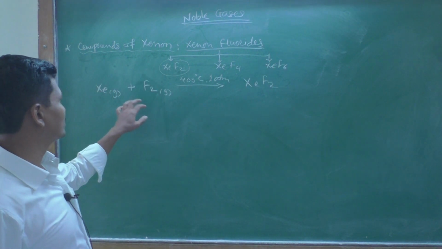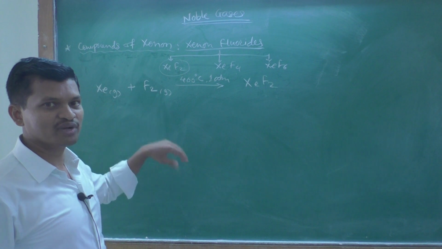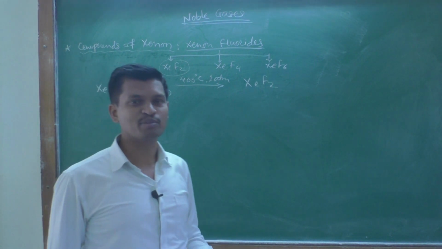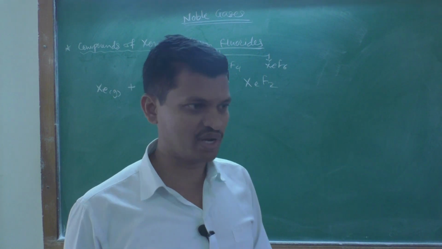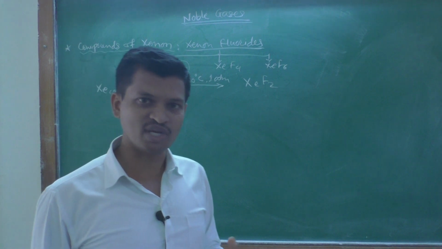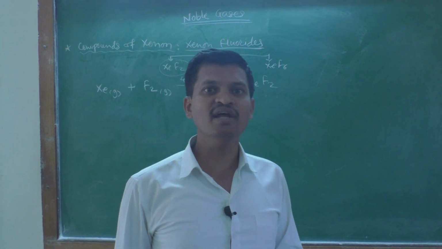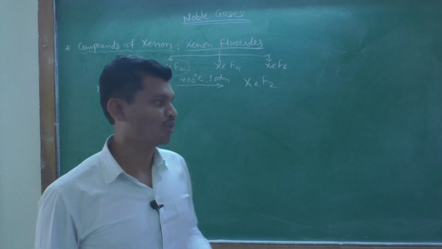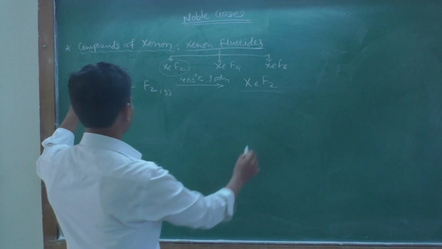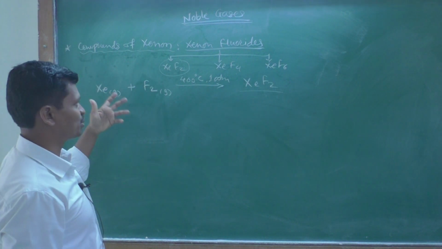When reacting xenon and fluorine gases, we have to take xenon gas in higher proportion as compared to fluorine. Otherwise, instead of xenon difluoride, tetrafluoride and hexafluoride may be formed. So to synthesize xenon difluoride, we have to take xenon gas in higher proportion.